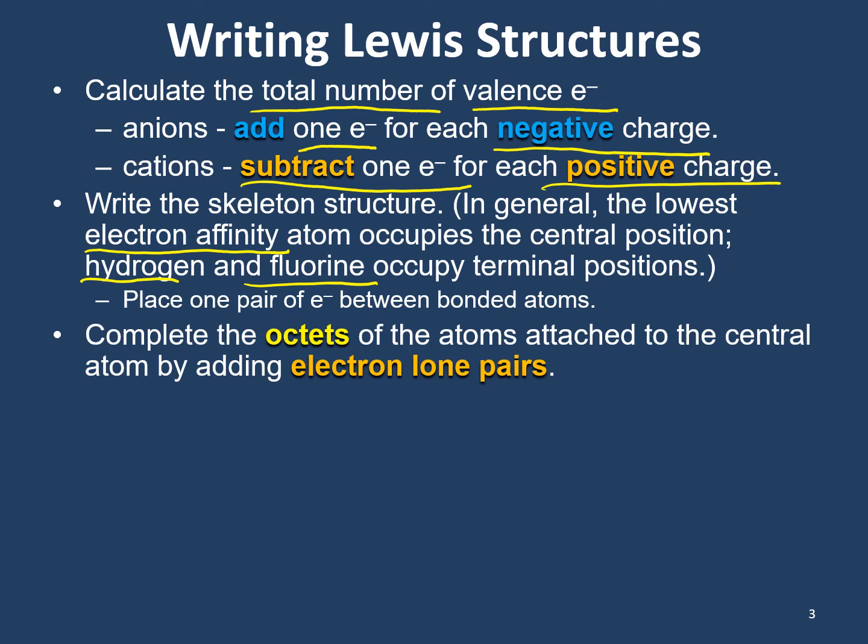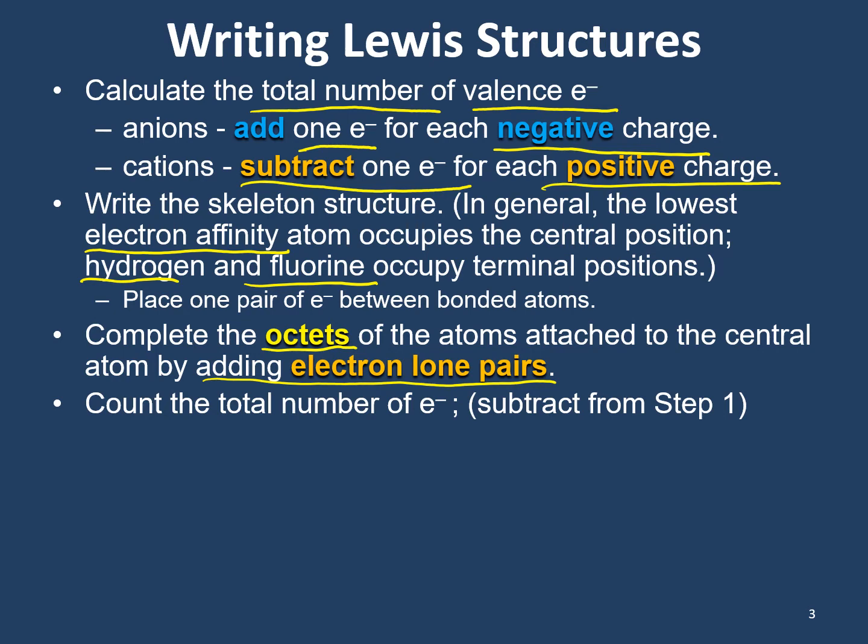Once we have our skeleton structure, we need to complete the octets, i.e. make sure each atom around the central atom, not the central atom itself, but the terminal atoms, all have octets, i.e. 8 valence electrons surrounding them. We can do this by adding lone pairs to each terminal atom until they have 8 valence electrons.